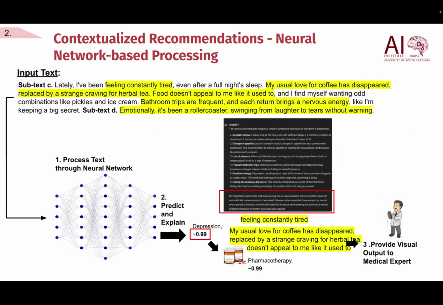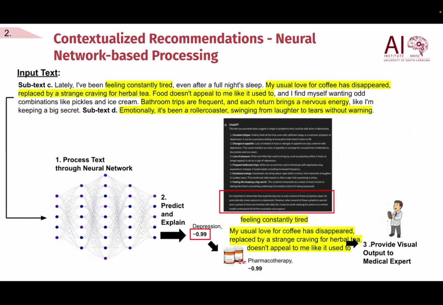So for the same patient, they say a few more things. And now the neural network predicts depression again. And ChatGPT, for example, also predicts several aspects of the text that could pertain to depression and continues with this line of thought.